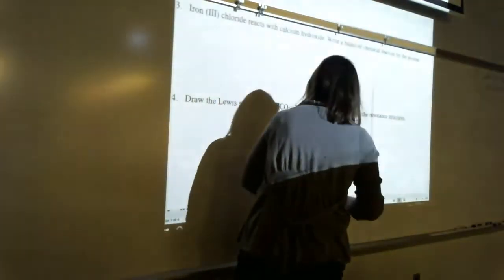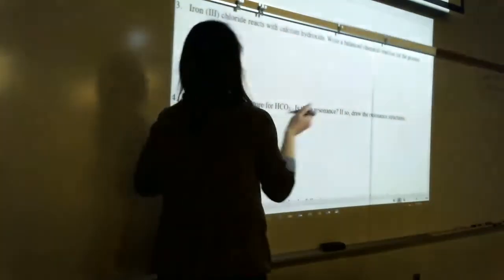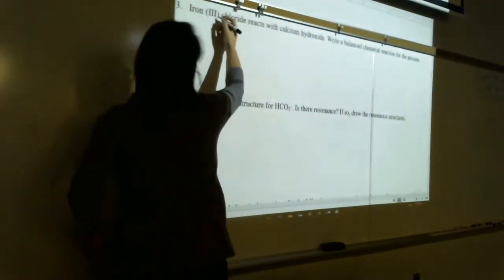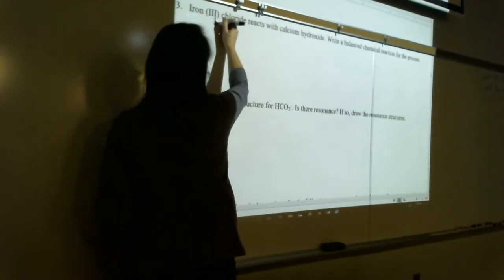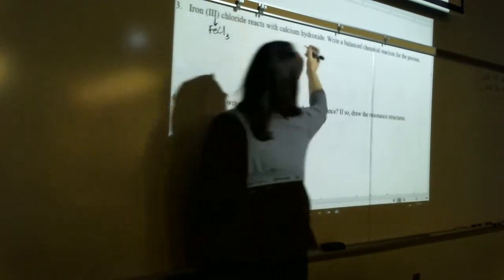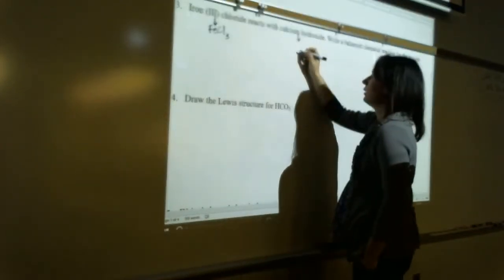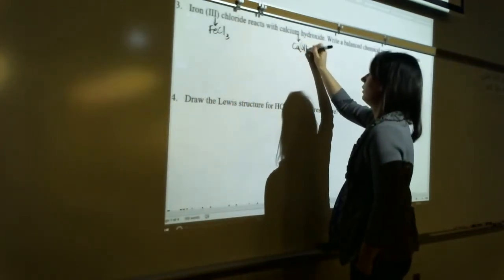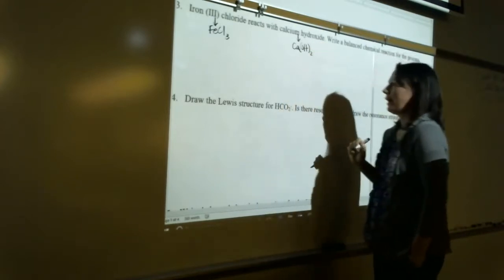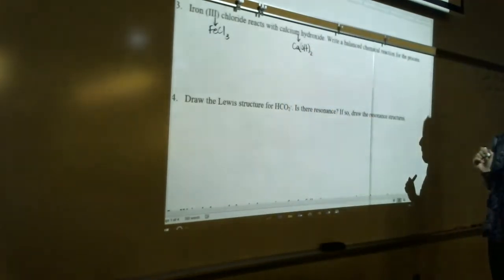Write a balanced chemical reaction. So, what's the formula for iron 3 chloride? FeCl3, good. And what's calcium hydroxide? Ca(OH)2.